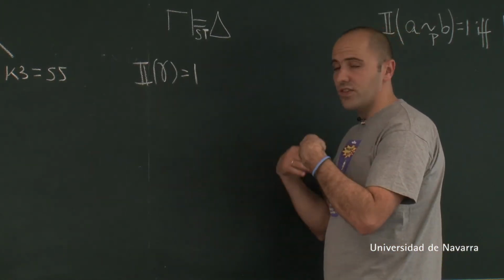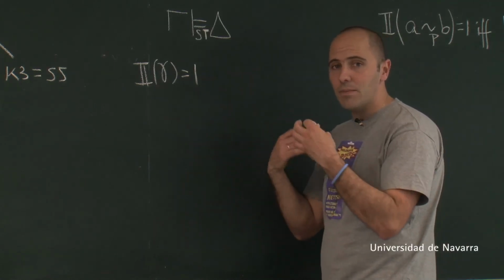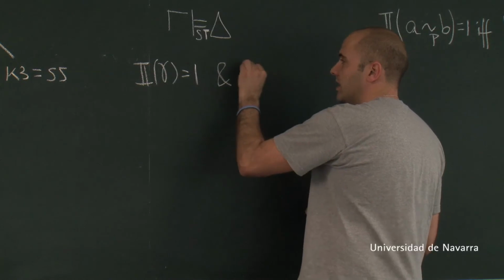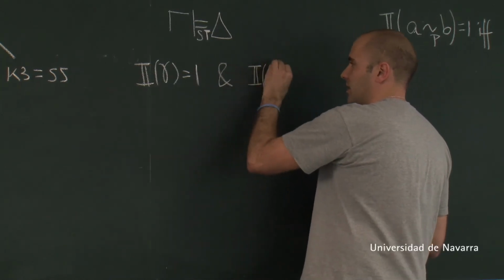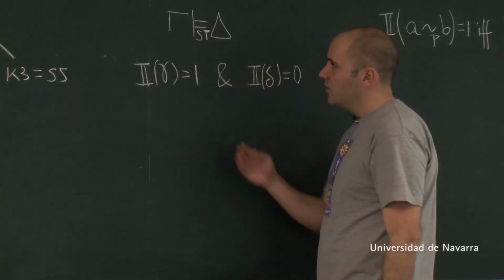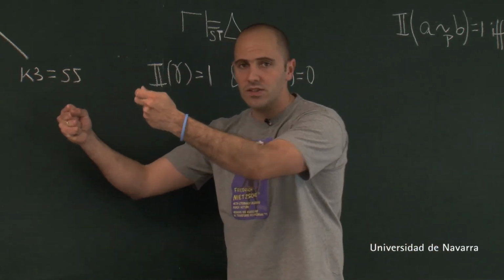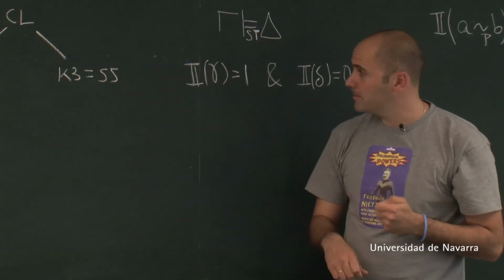Or there is no interpretation where all the gammas take value 1 and all the deltas value 0. So this notion of logical consequence drives you from strictly true premises to tolerated conclusions, right?